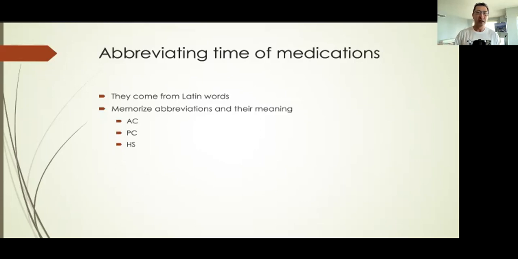So if a physician's order says give 10 units of insulin AC or 5 units of insulin PC and HS, then that should give you an idea when to give it. Because if you're supposed to give a medicine PC and you gave it before meals, then that messes things up, especially with insulin. You might end up dropping their blood sugar too much.